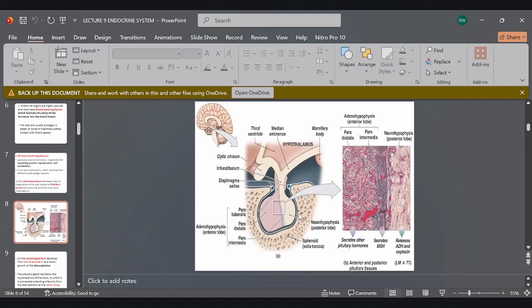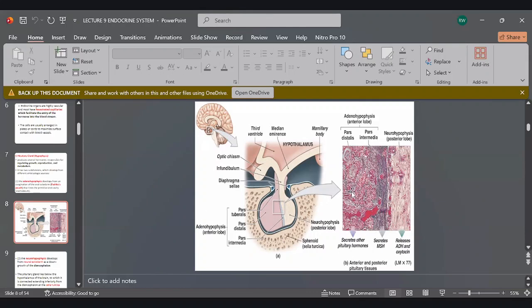Here is the adenohypophysis, the anterior lobe, with the pars tuberalis, the pars distalis, and the pars intermedia.